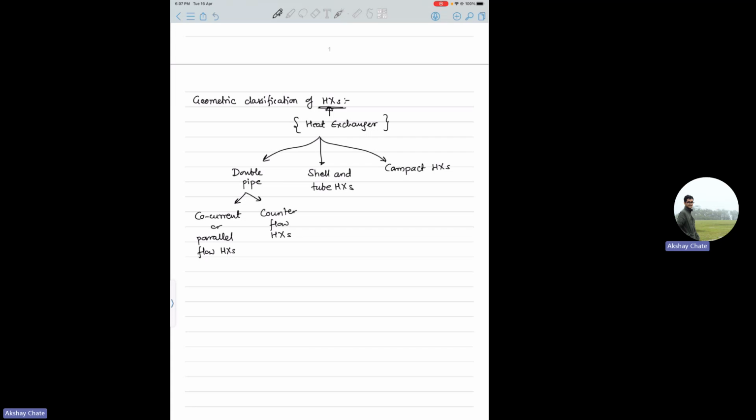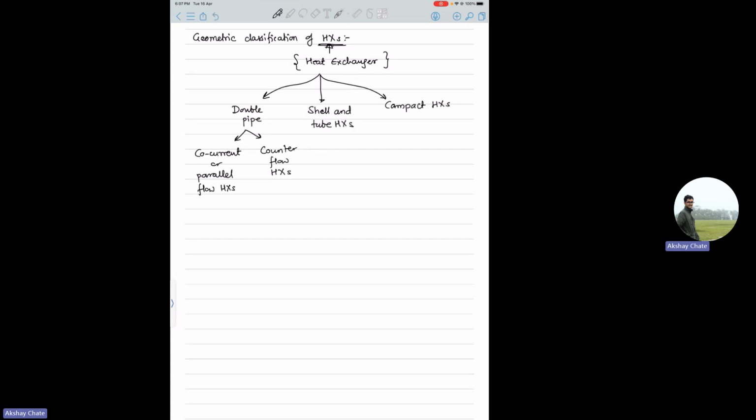Then there is something called fouling. Whenever there is a fluid flow, we usually try to maintain its purity, but in many practical applications, typical demineralized water also has some salt content.